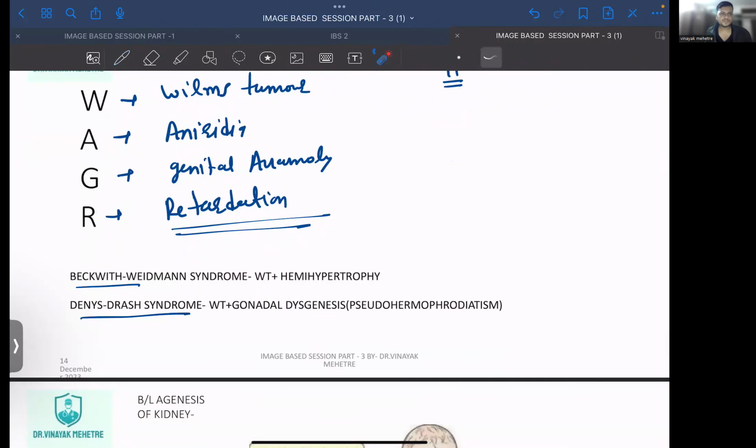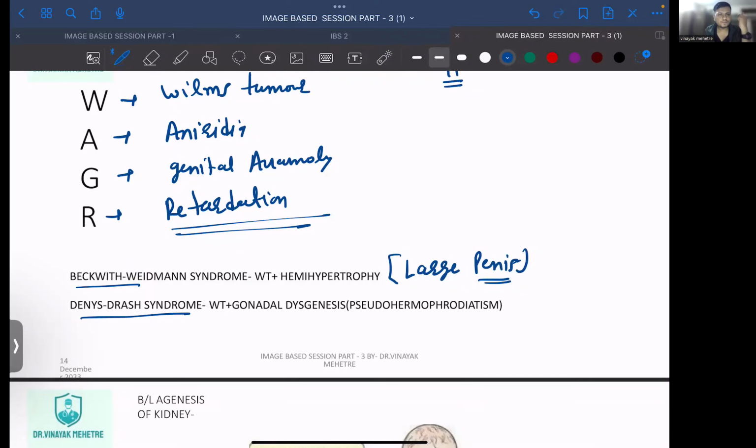I will give you a hint. Use this. Okay, nothing personal. If you will have weed, hemihypertrophy means hypertrophy, increase in size. So this patient will have a large penis.